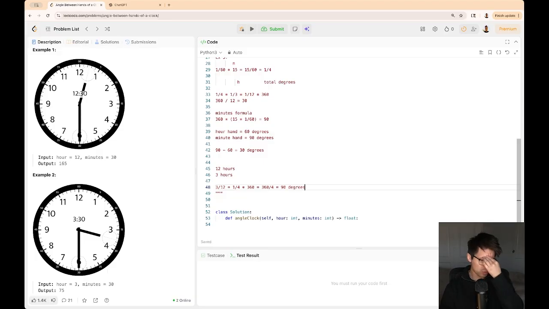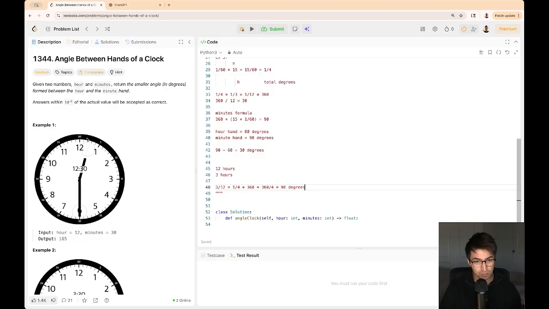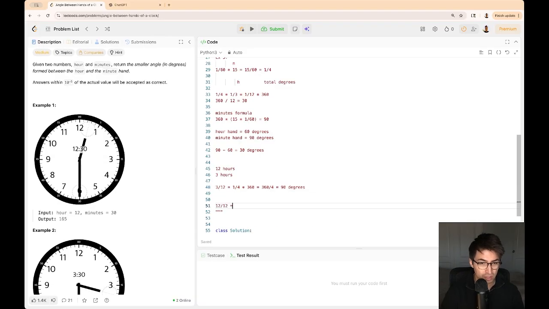And that's the degree of the hour hand without the minutes adjusting it. So if we say there's 12 total hours and we're on hour 12, 12 divided by 12 equals to 1/1 times 360 equals 360 degrees. And then we once again adjust for the minutes.